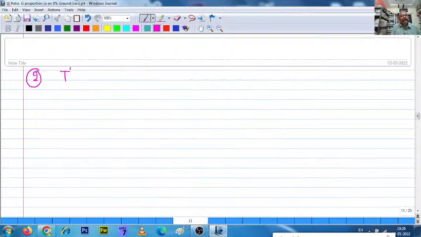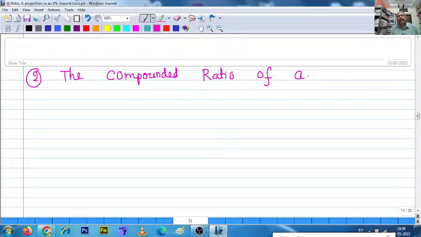The compounded ratio of A is to B, C is to D and E is to F. Okay, can you find out? So what is the compounded ratio of these three? Are you able to find out? Right, let us find out.